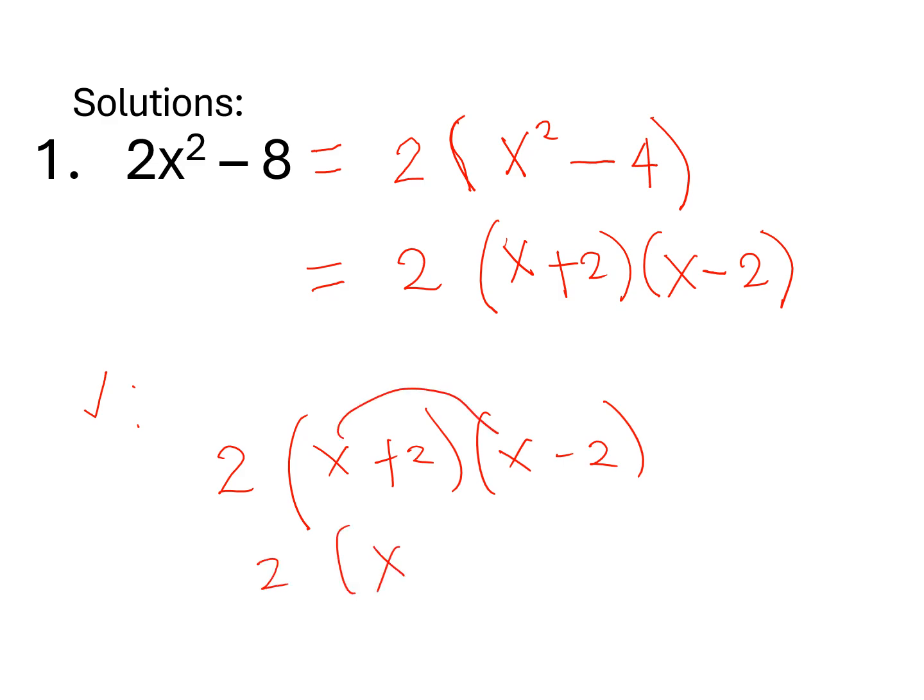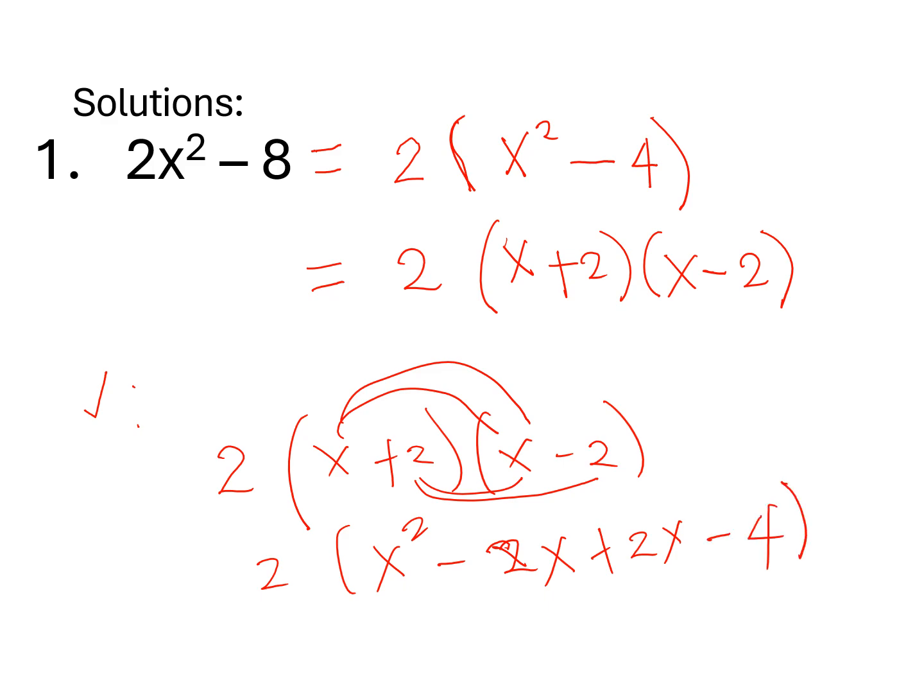So x squared minus 2x, then positive 2x here, then that is negative 4. Next, if we combine these two terms here, the result is 0. So we have the remaining terms, x squared and negative 4.